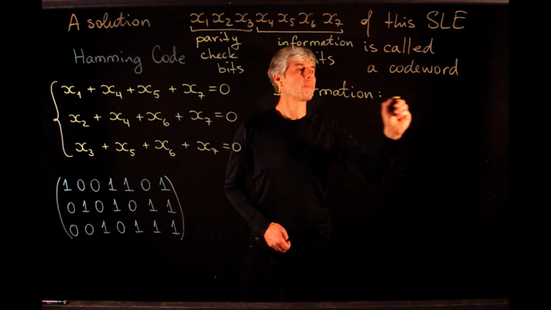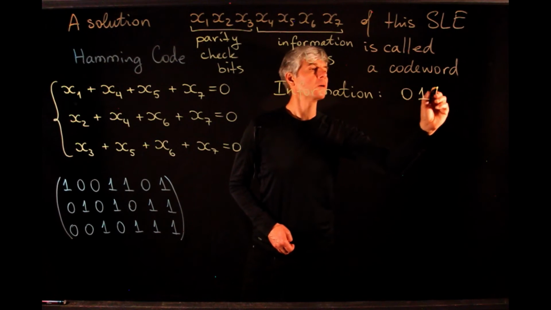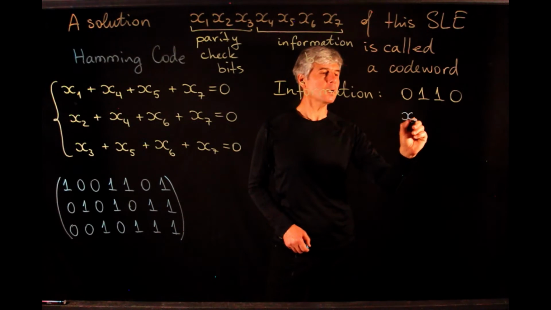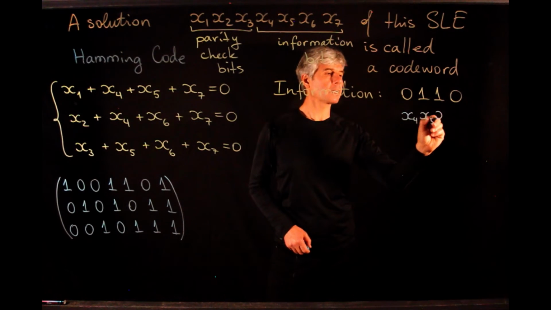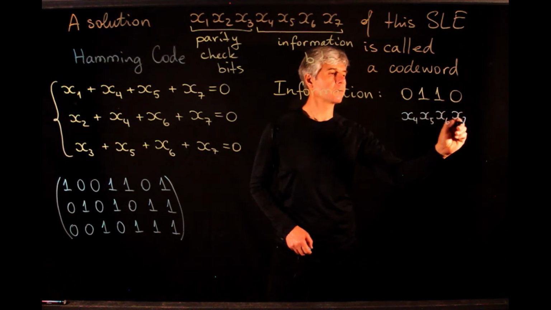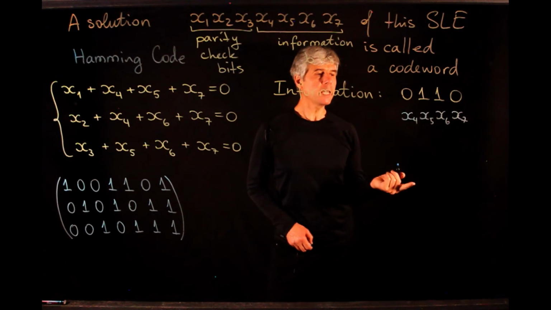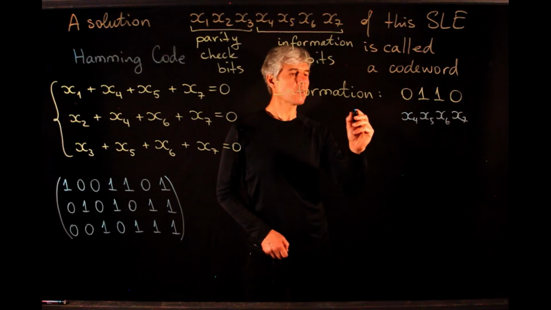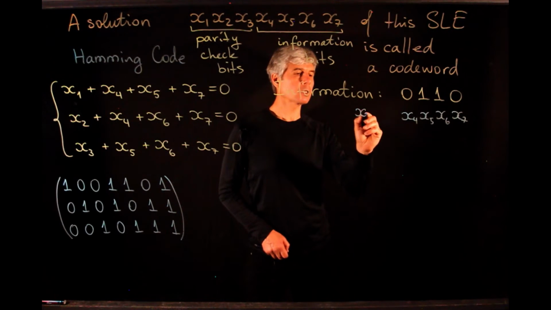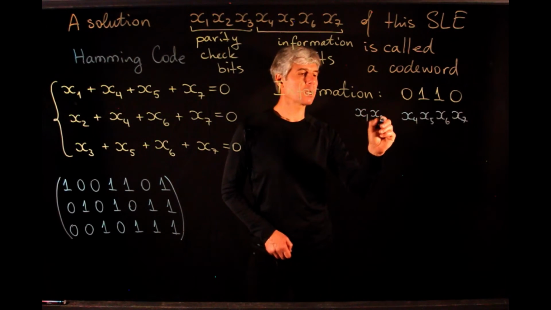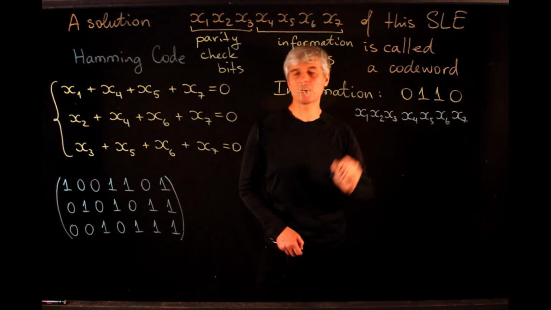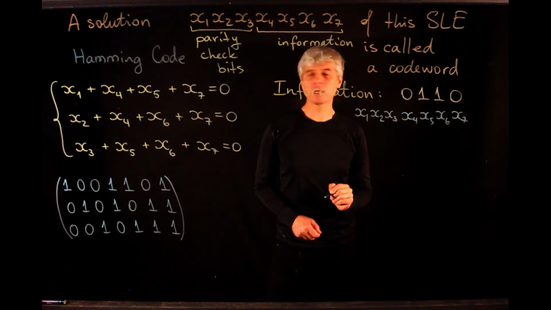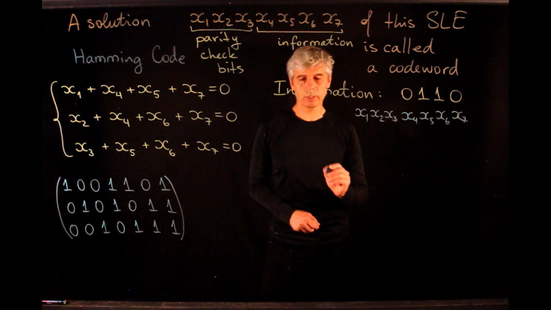And suppose our information bits are 0, 1, 1, 0. These are our bits x4, x5, x6, and x7. Next, to form a code word, we add 3 additional parity check bits, x1, x2, and x3, where the values of these are determined from our solution, right?